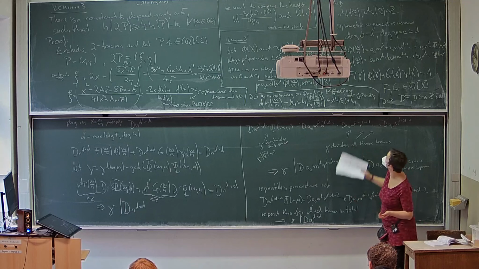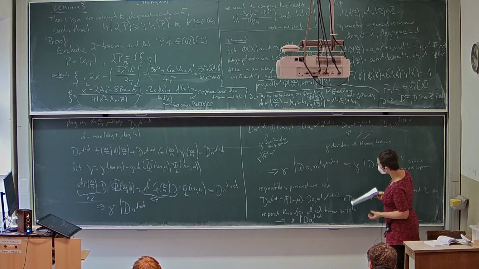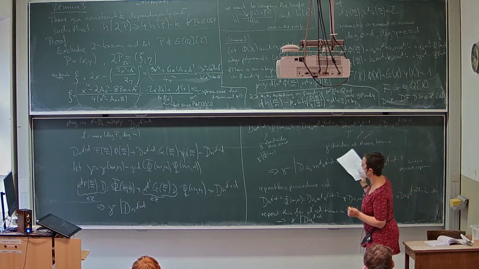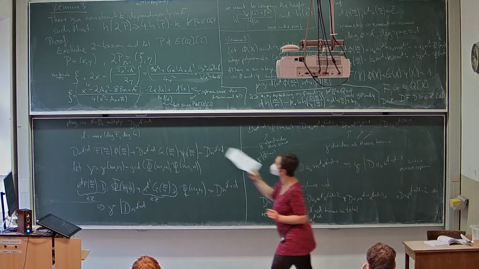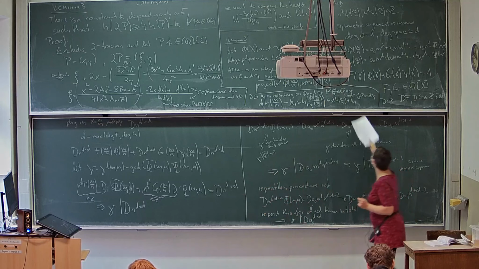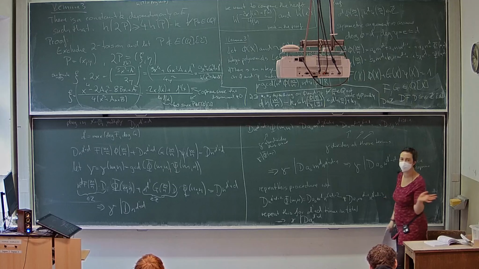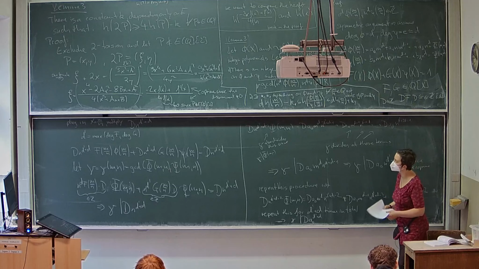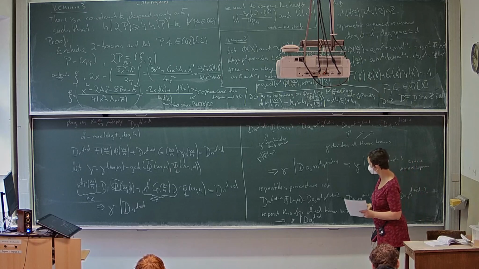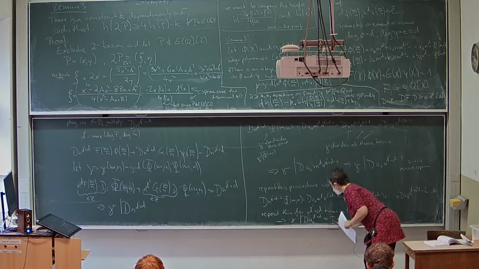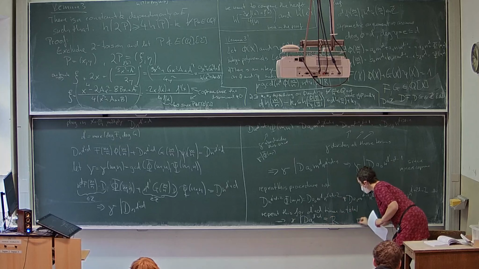D is the maximum of the degrees of the polynomials. And d prime was the maximum degree of the Bézout coefficients from here. So also just one thing that depends on the polynomials. So this will be our R. And we proved part A.